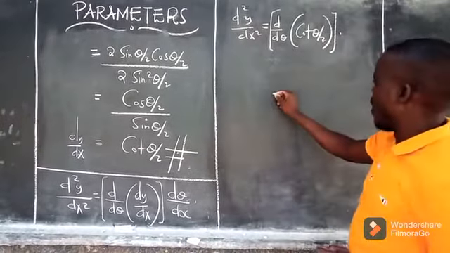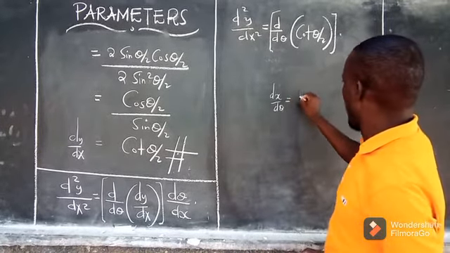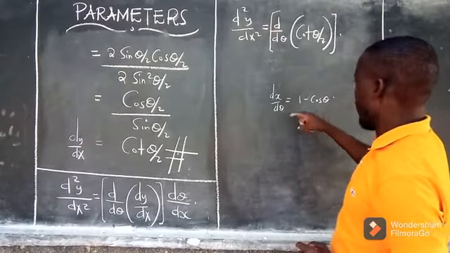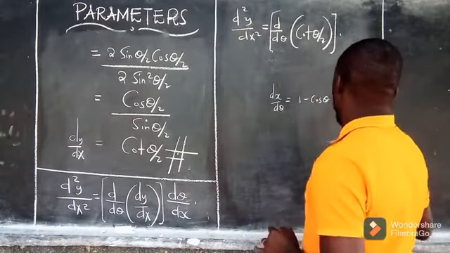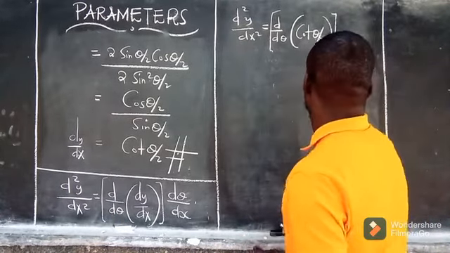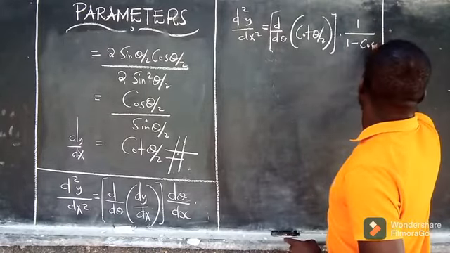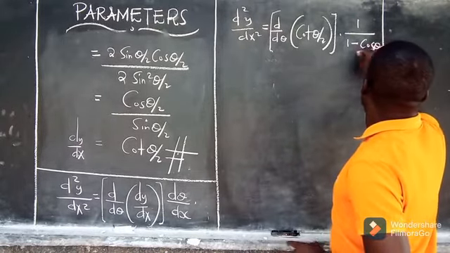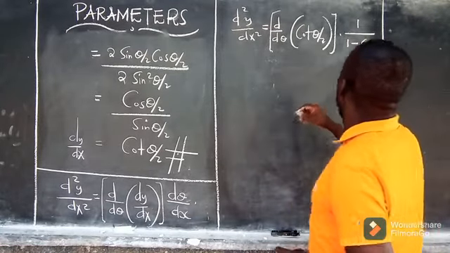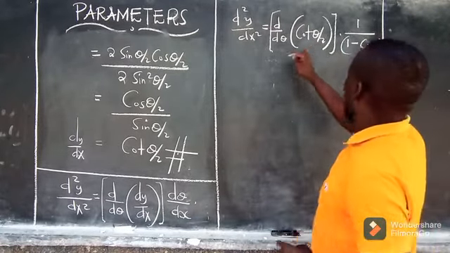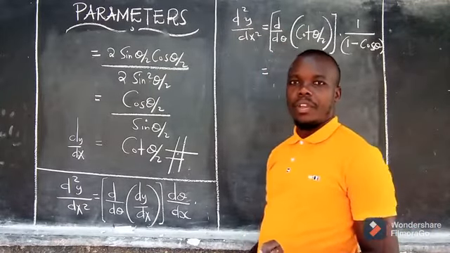Remember our dx/dθ was 1 minus cos theta, but now we want dθ/dx, so we take the reciprocal, which is 1 out of 1 minus cos of theta. So when I look at this and differentiate cot theta out of 2, I first differentiate the angle.